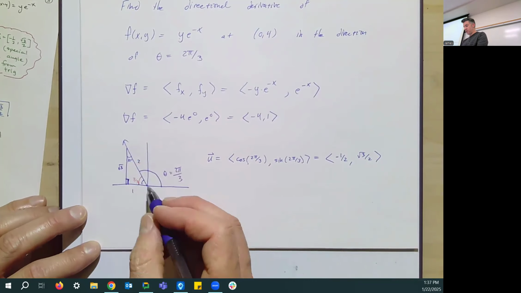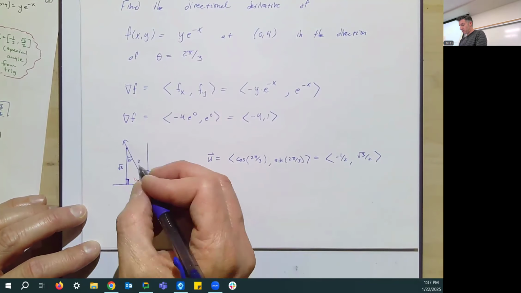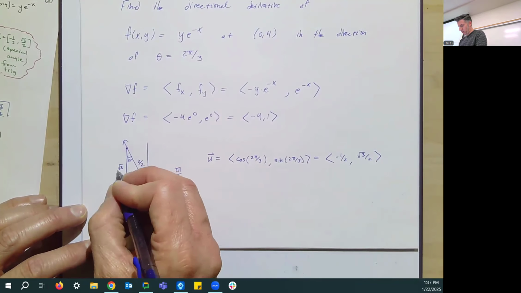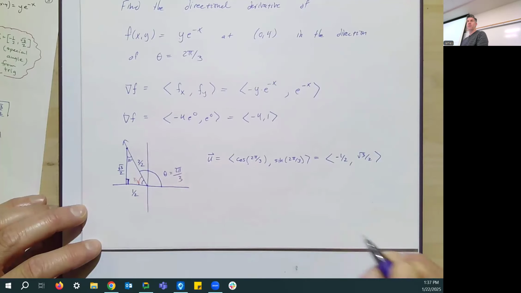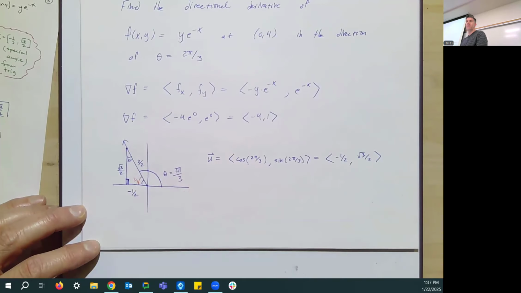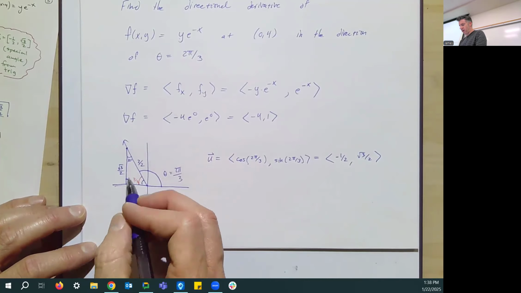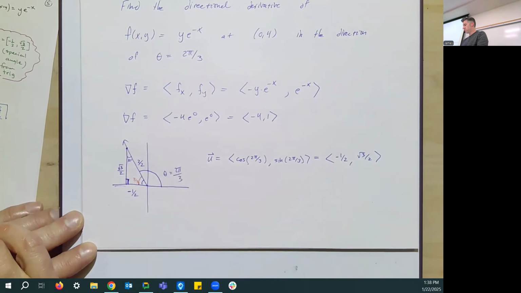I want the length to be 1, not 2, so I'm going to divide everything by 2. So really it's 2 over 2, root 3 over 2, and 1 over 2. But I went left, not right, so my x value is actually negative. I went up, so my y value is positive. So the vector is over negative 1/2, up positive root 3 over 2. Just like we said.